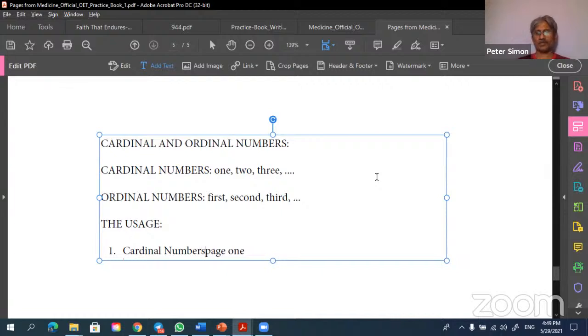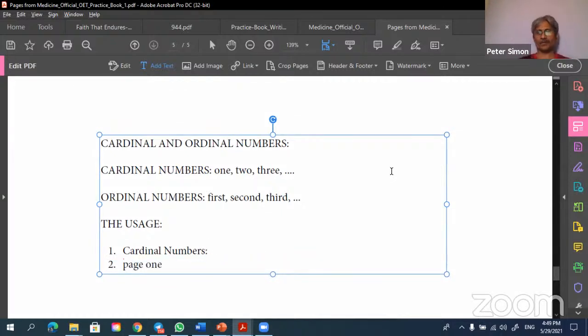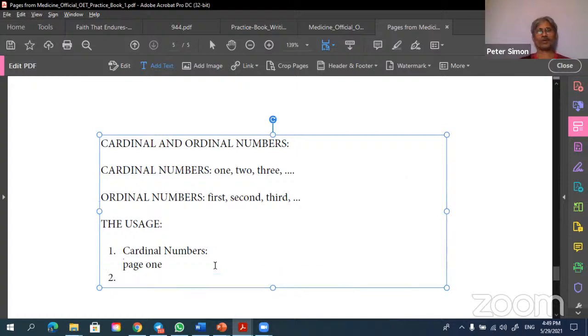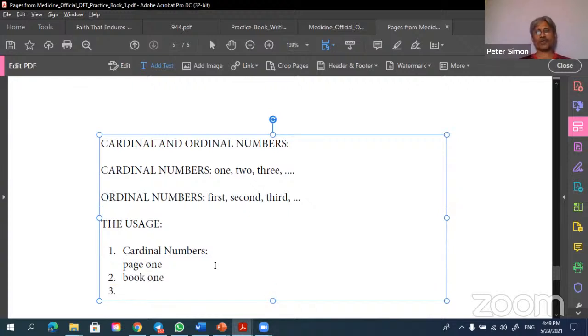When you write cardinal numbers, you'll write like this: page 1, or you say book 1, okay.